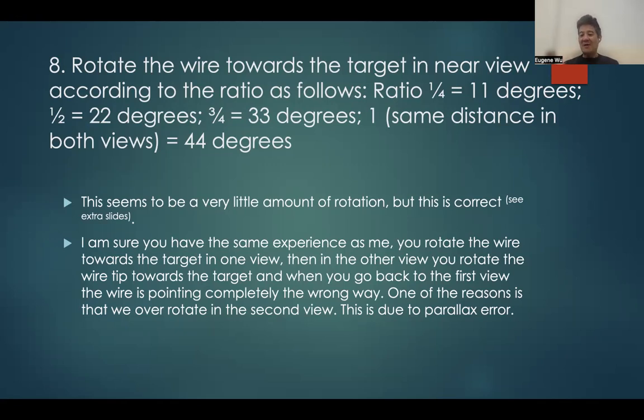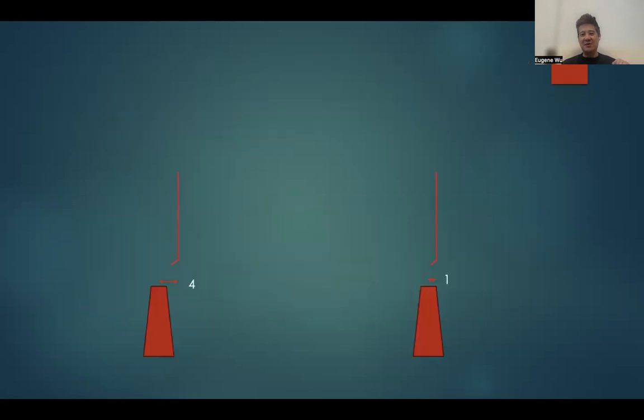And this is a parallax error. It's a visual error. Now, let me see if I can explain this. It's not critically important to understand this, but this is the model we have. The red rhombus thing is the distal true lumen. The red line thing is the wire. LAO view on the left-hand side, RAO view on the right-hand side. Far view is the LAO view.